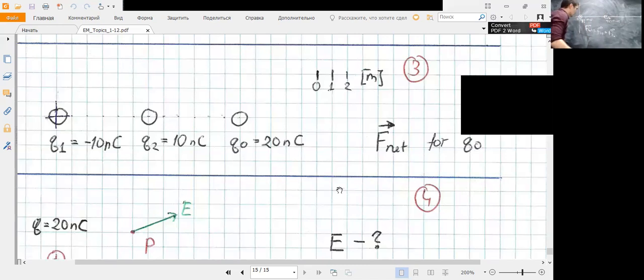Okay. So F10 is equal to what? K multiply Q1 multiply Q0 divided by, let's say this is the position R0, this is position R1. So R10 is R0 minus R1. 12 plus 0J minus 0 plus 0J.